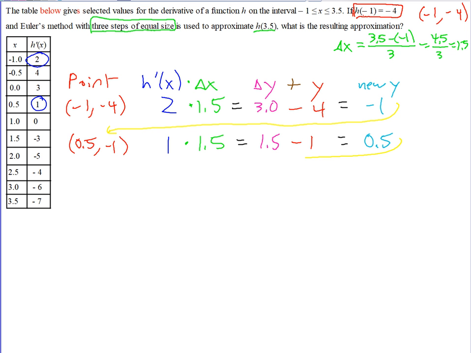That's two steps. Okay. So now again, we increase the x-coordinate by the step size. 0.5 plus 1.5 gives you 2. We've got 2, and the new y-coordinate we just figured out was 0.5. At 2, you can see h prime, the derivative, is -5.